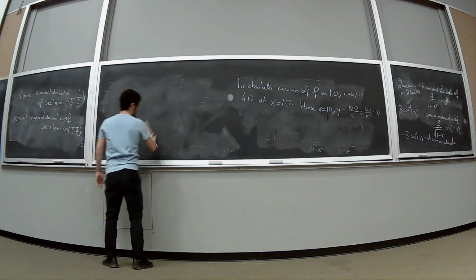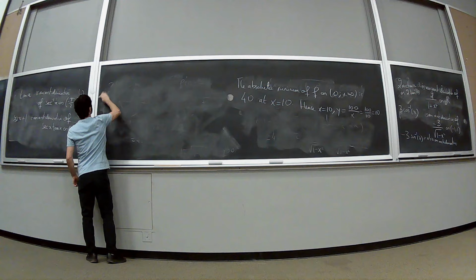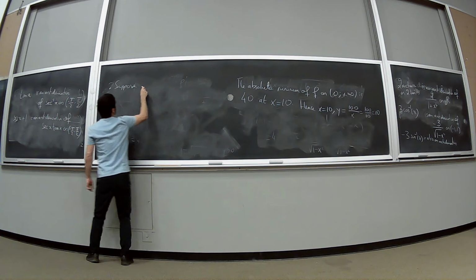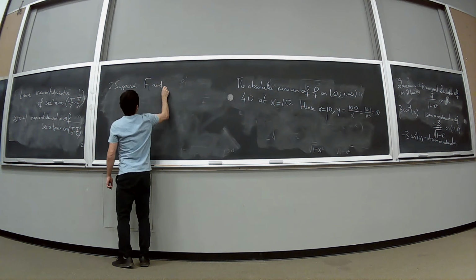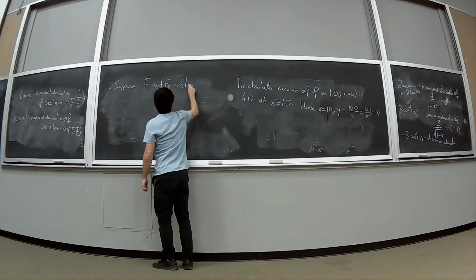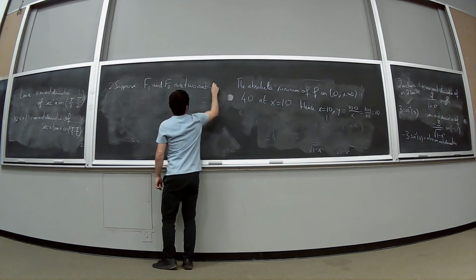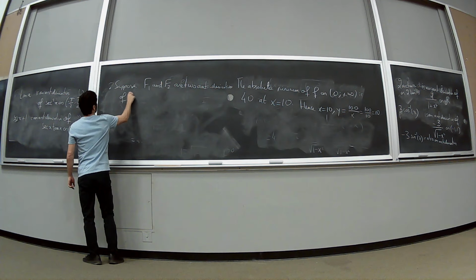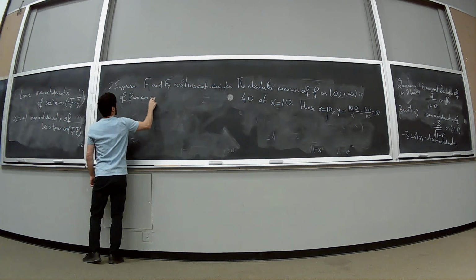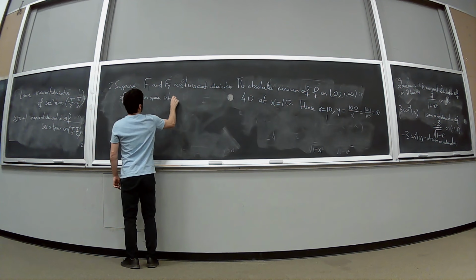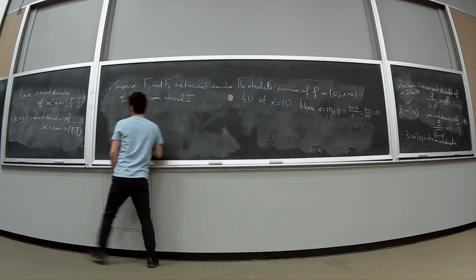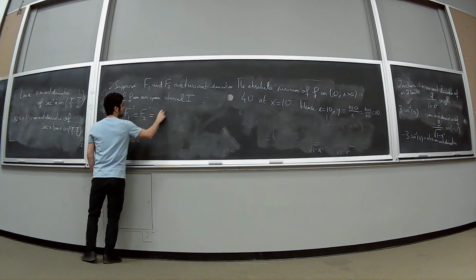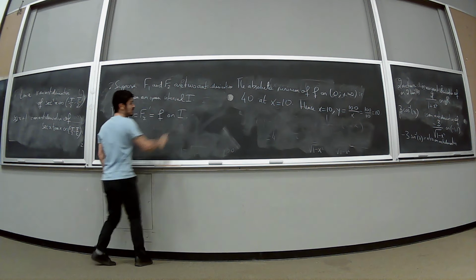This is the question you always should ask yourself. Okay. Now, suppose f1 and f2 are two antiderivatives of f on an open interval I. Then f1 prime is equal to f2 prime is equal to f on I. Do you remember this or not?